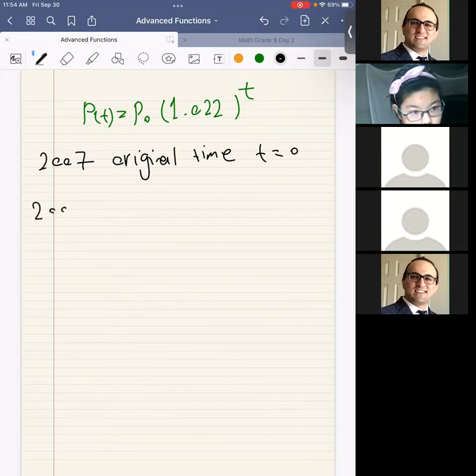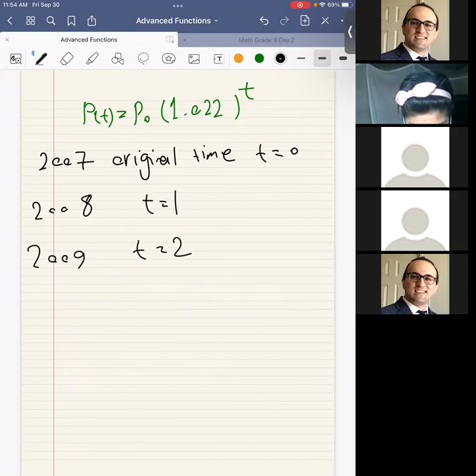So 2008 is when t is equal to 1, 2009, t equal to 2, and so on and so forth. If you want to find the population at any time, you use this.